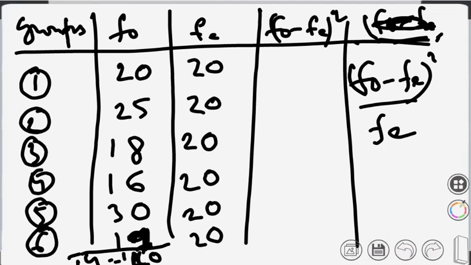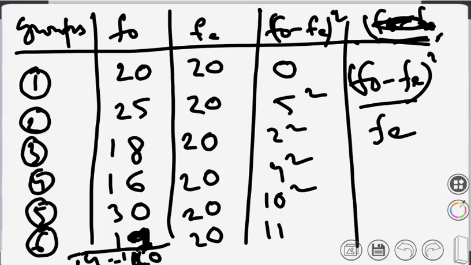Now you calculate these parts and tell me what the values are. So this is 0, this is 5 square, this is 2 square, this is 4 square, this is 10 square, and this is 11 square.